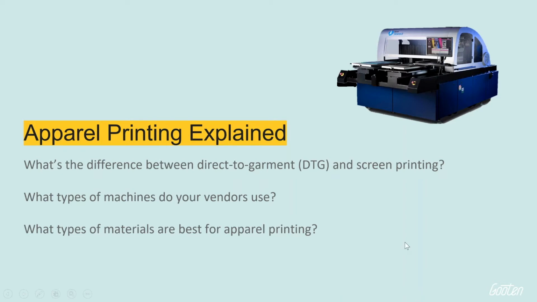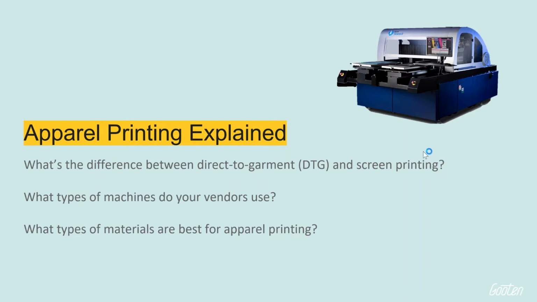The next step is that the blank with the pre-treatment is laid out on the print pallet, and the printer prints directly on the garment. What is good about DTG is that for darker garments, we do use an underbase.